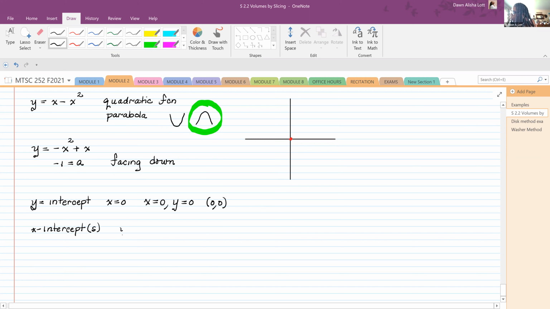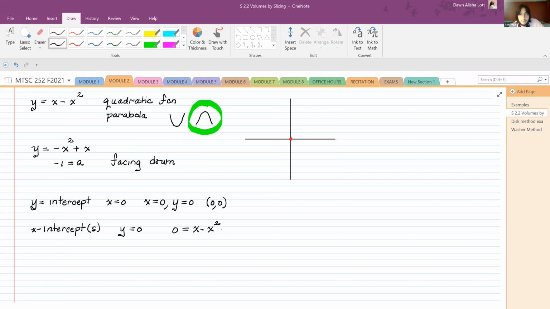So that's when y is equal to 0. So when y is equal to 0, I get x minus x squared equals 0. So what values do I get for x? Wouldn't that be just 0 and 0?